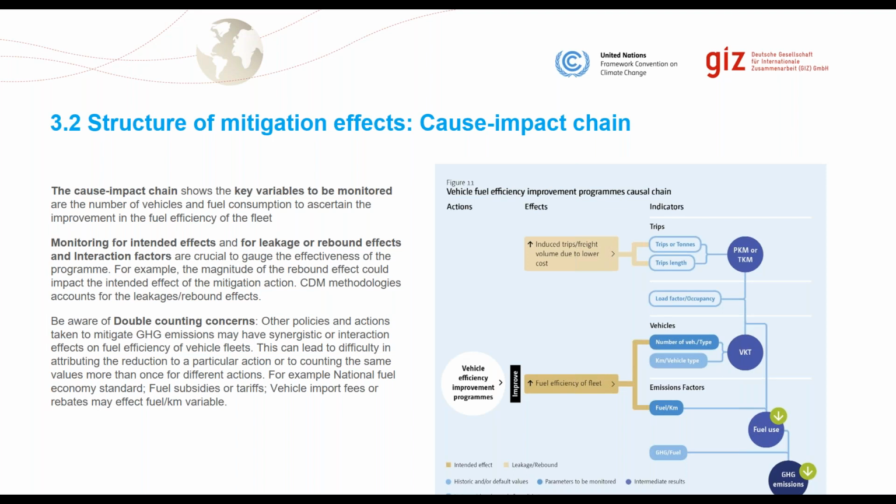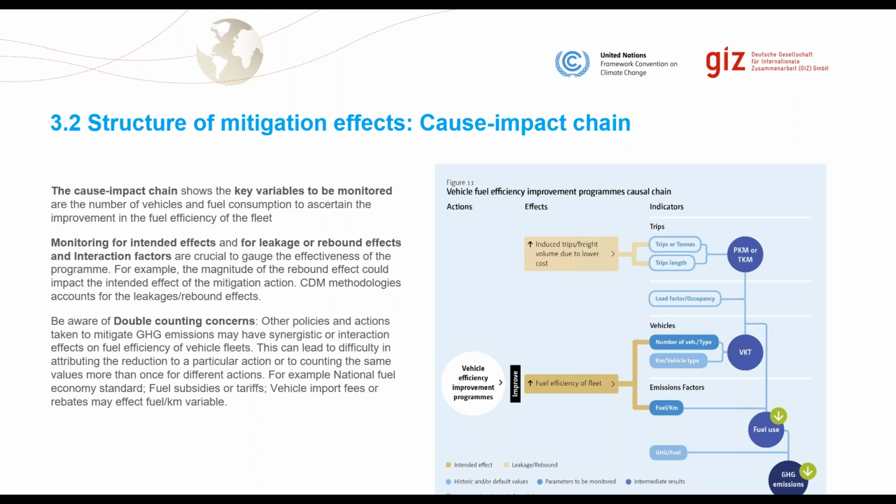It is important to bear in mind that as we're looking at the direct impact of these interventions, we also have to be mindful that sometimes some of these interventions can lead to what we refer to as a rebound effect, which is an unintended effect arising from the improvement interventions that we have in. It can be positive or it can be negative, and we need to look at how we address that.